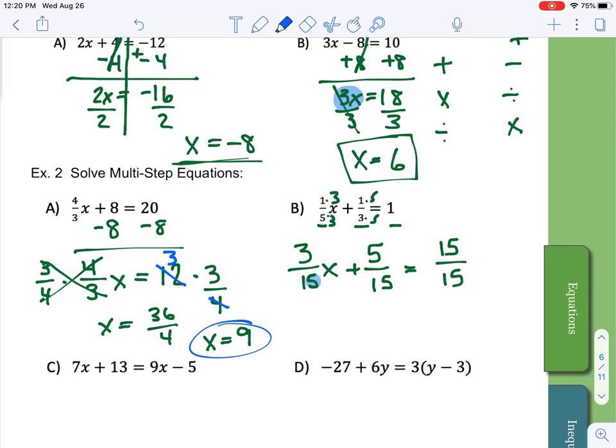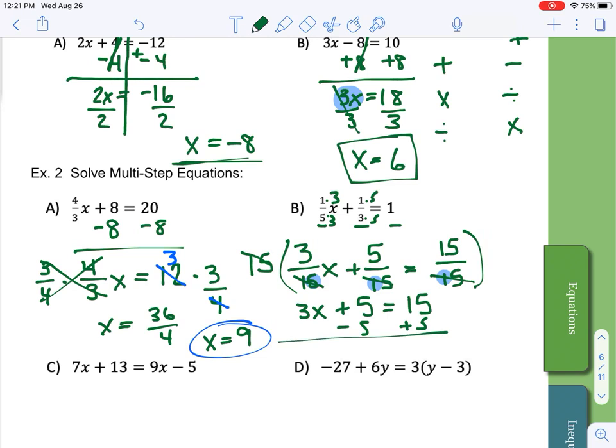Now once all the denominators are the same, I go ahead and I multiply the whole equation by 15. That will cancel out all of our denominators. So I'm left with 3x plus 5 equals 15. Now solve it like we did our first couple.